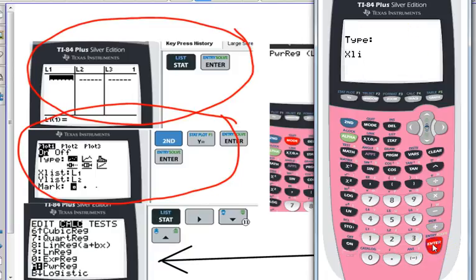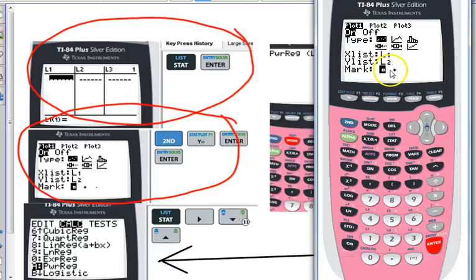So you're going to hit enter, enter to turn this first one on, and you want it to be a scatter plot, which is this one, and then list 1, list 2, and whatever kind of mark you picked. Everybody okay? Second y equals, enter, enter. Make sure it's this first choice, not any of these other goofy looking graphs, just the first little dots.